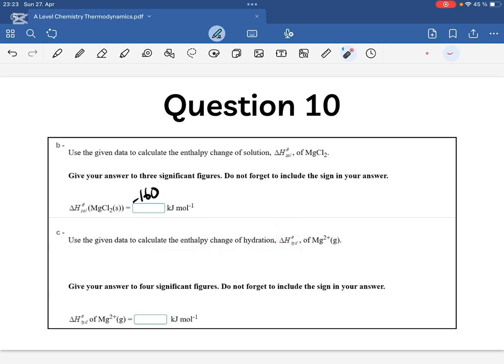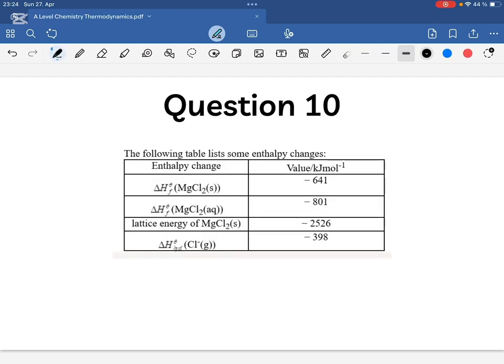Now in part C, they said use the given data to calculate the enthalpy change of hydration of Mg2+, and give your answer to 4 significant figures. So I have to find delta H hydration of Mg2+. Now the formula for delta H hydration is equal to the delta H lattice plus delta H of solution.